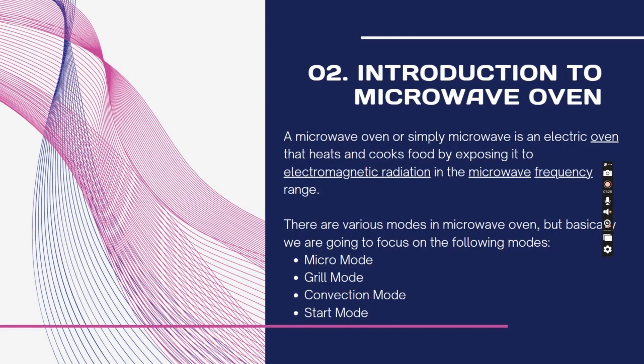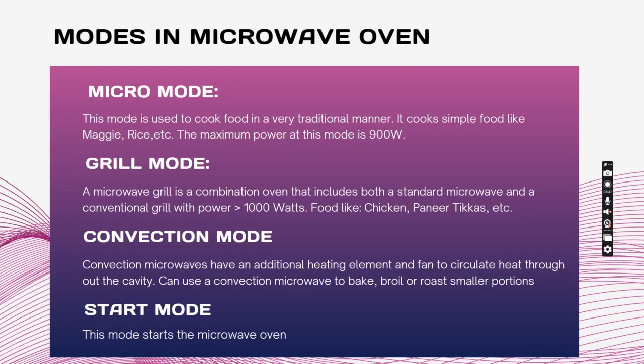So, the introduction to the microwave oven. The microwave oven, or simply microwave, is an electric oven that heats and cooks food by exposing it to electromagnetic radiation. A microwave oven has 4 modes. The first one is microwave mode, used to cook food in a very traditional manner. The next mode is grill mode.